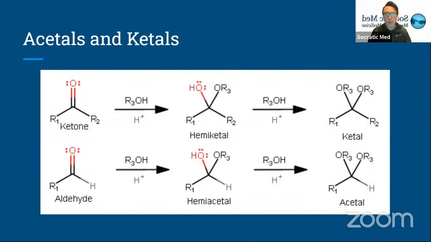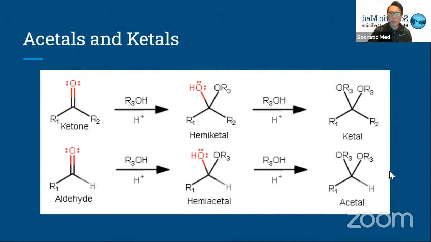So this is just the mechanism or the reaction. When one alcohol group is used, a ketone forms a hemiketal, and then when another alcohol group is used, it forms a ketal. Same thing for aldehydes: an aldehyde with one equivalent of an alcohol forms a hemiacetal, and when another is used, an acetal is formed.